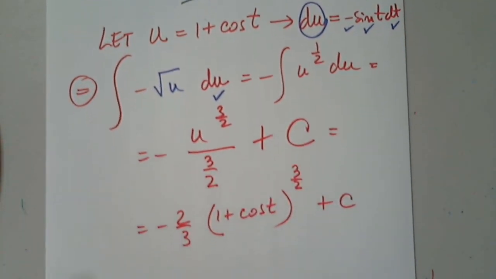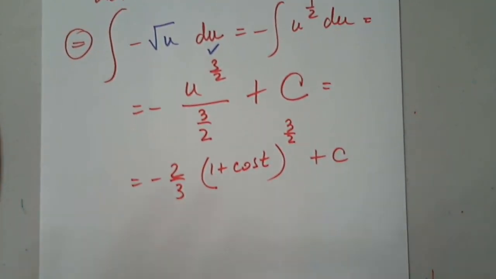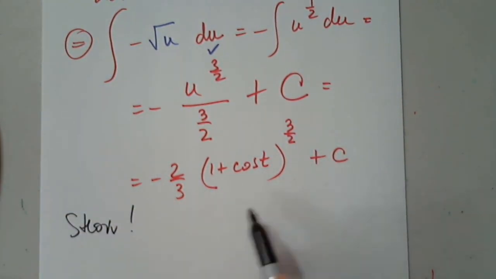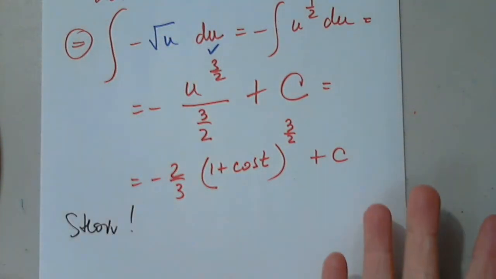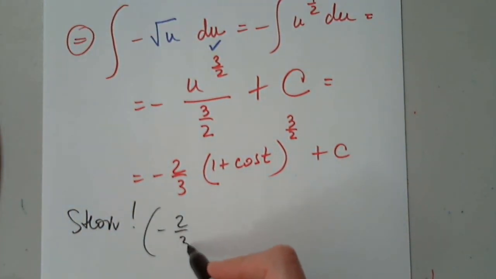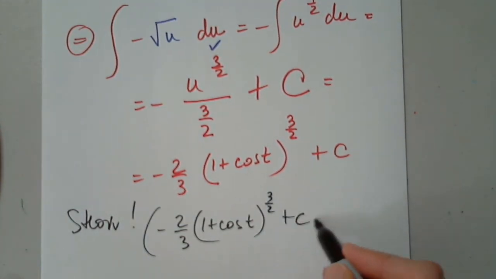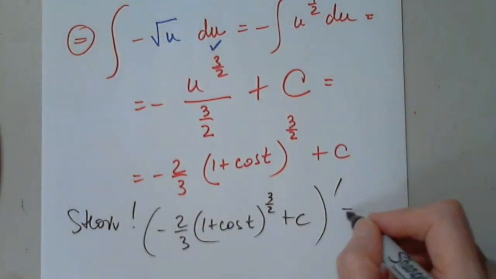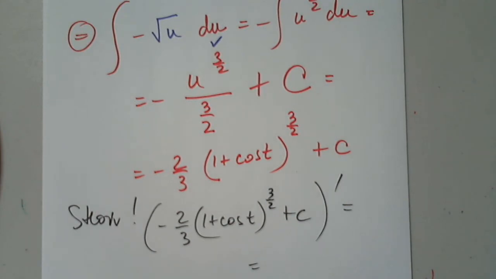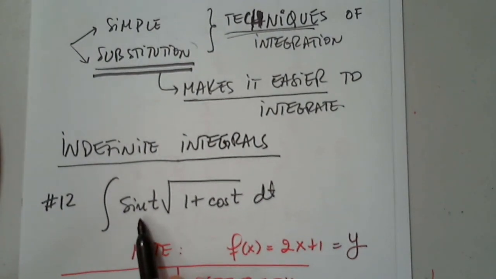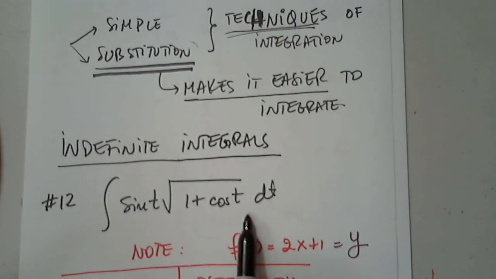You can say now, I don't trust this. Show me. I don't believe this. Very easy. All we have to do is differentiate, and I have to show that I get the original function, sine t, the square root of 1 plus cosine t. So let's do that.